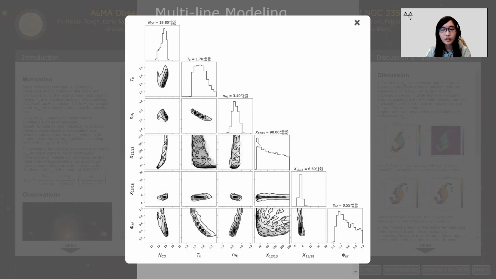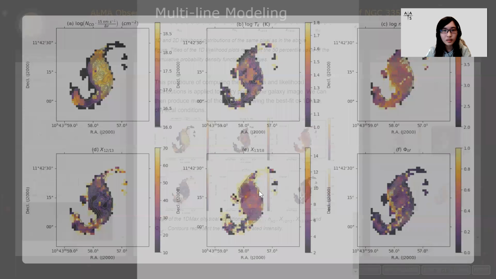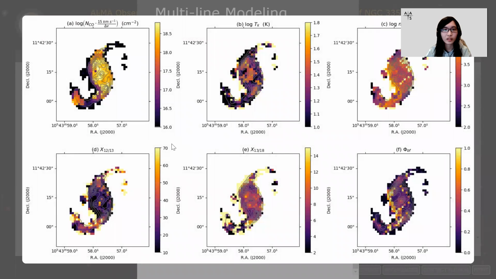And then by iterating this procedure over each pixel on our image, we can produce a map like this, showing the highest likelihood physical parameters at each pixel. So here we can see some interesting results. For example, in the temperature distribution, we see that the temperatures are higher near the nucleus and the contact points that connect to the spiral arms.